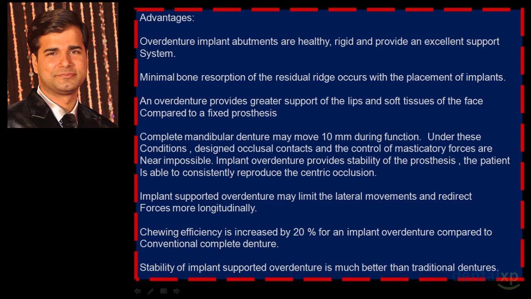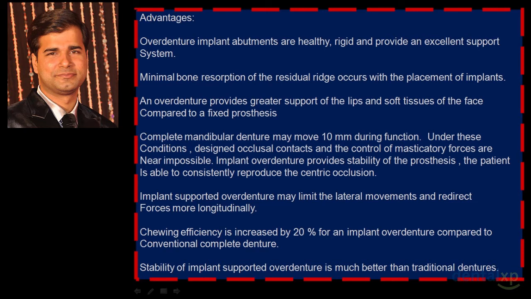Now, what we also have to consider is the movements that occur. A mandibular denture may move 10 mm during function. Under these conditions, designed occlusal contacts and the control of masticatory forces are near impossible. However, an implant overdenture provides stability of the prosthesis, and the patient is able to consistently reproduce a determined centric occlusion.